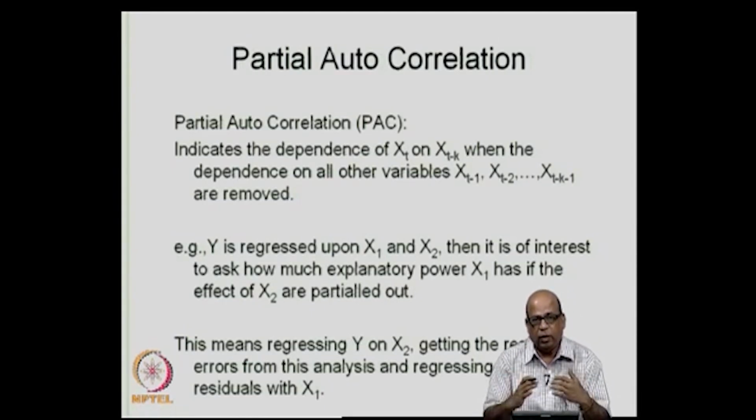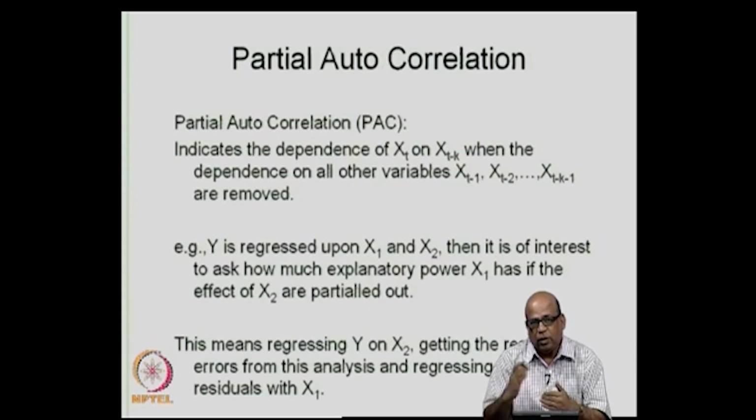That means y is dependent on x 1 as well as x 2. So, you have regressed y upon x 1 and x 2 both together, but now you ask the question, out of x 1 and x 2 how much power x 1 alone has.